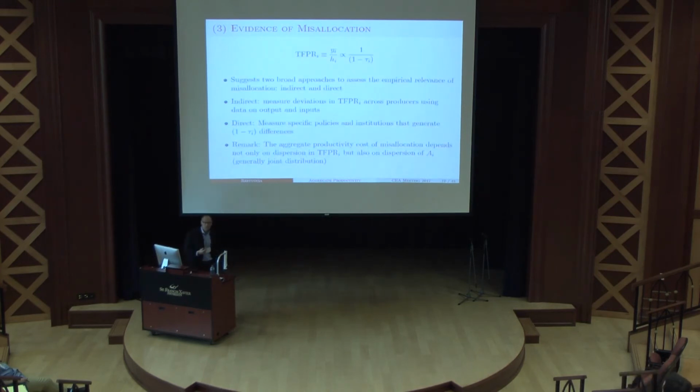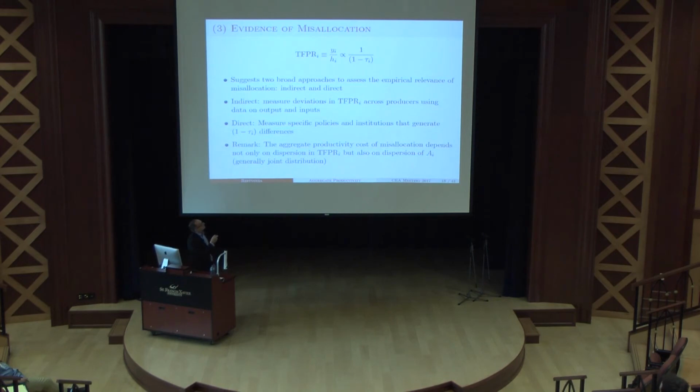And so this really sets up the stage for two ways of finding evidence for misallocation. One will be indirect, because just by inspecting this, you can say, well, if I had data on outputs or revenues relative to the inputs, then I can just check if there is dispersion in that object. And if there is dispersion, according to this framework, that would be evidence of misallocation.